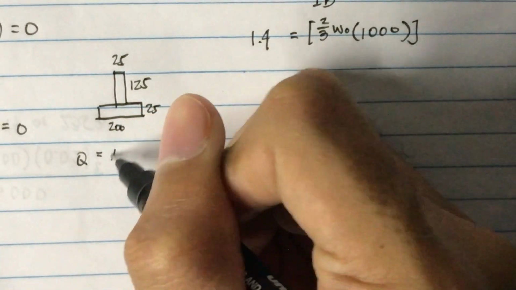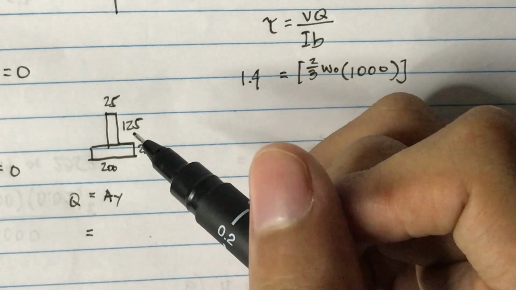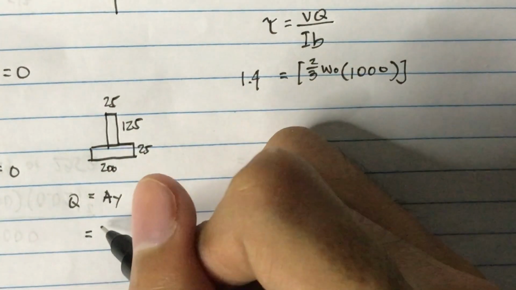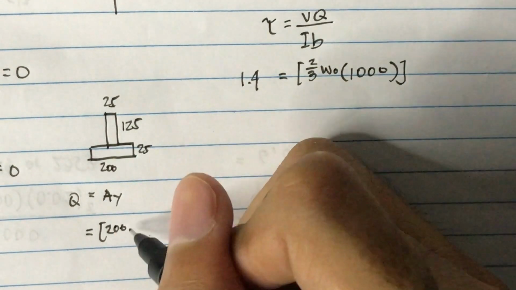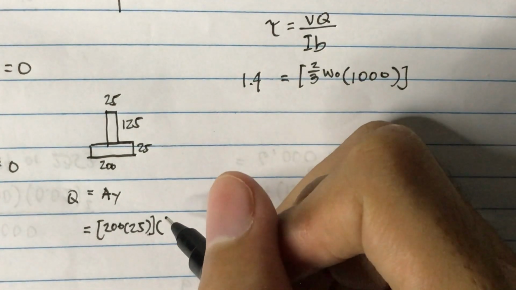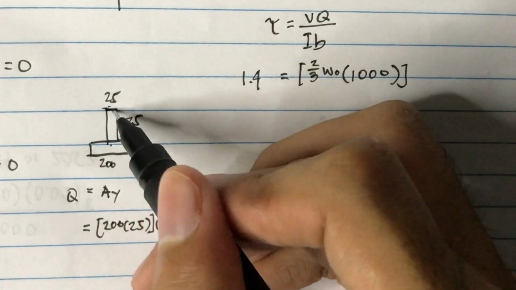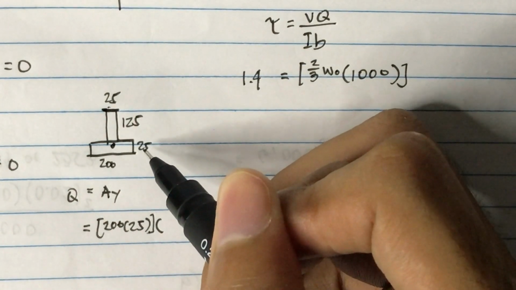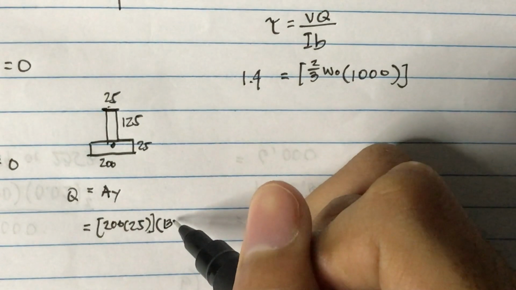So to find Q, so formula sa Q is area times Y. So ang area sa tuhang first element is kani. So natay 200 times base height niya kay 25. So ang Y nato is from here sa centroid to the cutting section. So natay 25, katong sa 25 is 12.5 plus 125, so we'll get the value of 137.5.